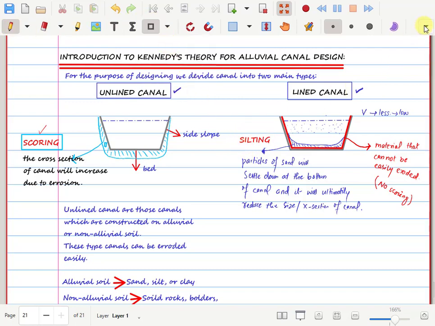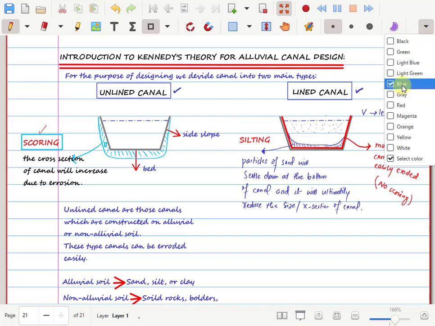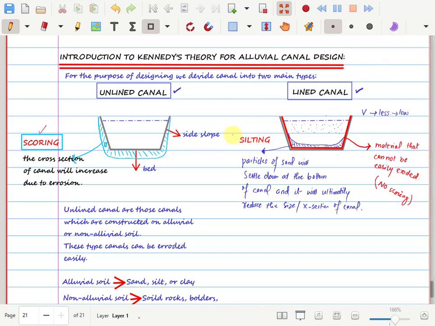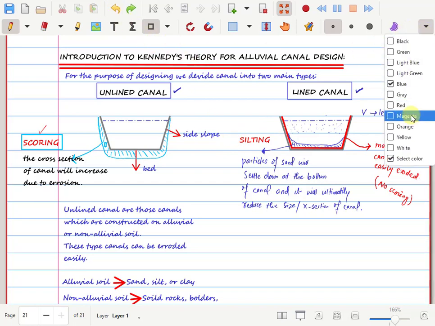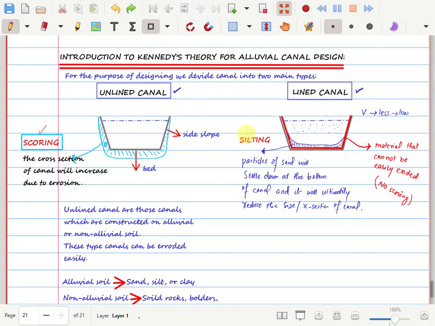I hope now you can differentiate between silting and scoring. Silting and scoring. Got it? We got two terms, silting and then scoring.